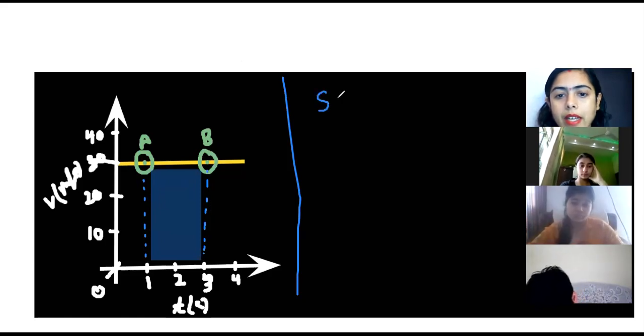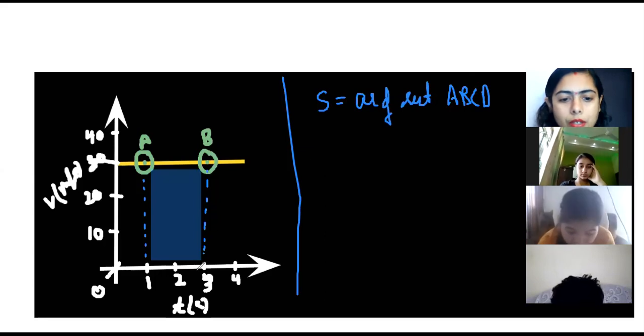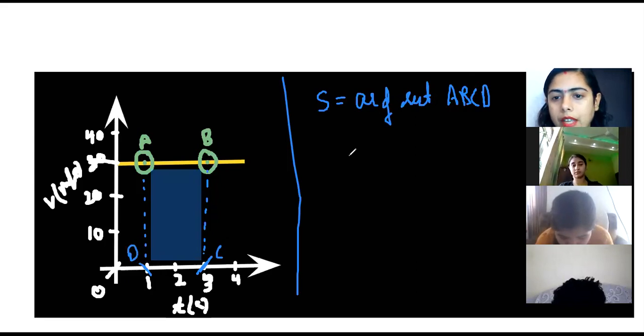So I can write here that the displacement S is equal to the area of a rectangle. You can give the name to this as A, B, C, D. CD is not marked, so where it intersects the time axis, write there CD. Fine.